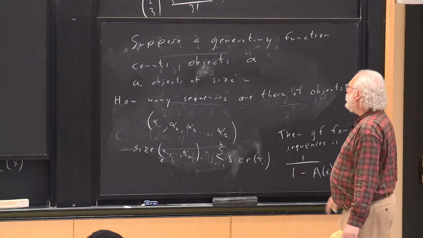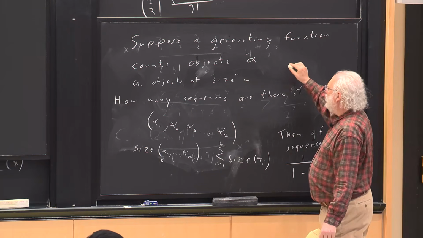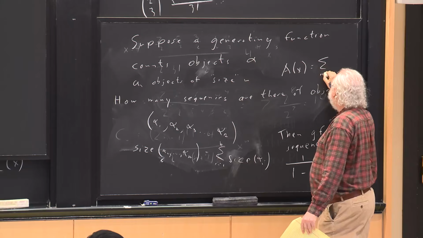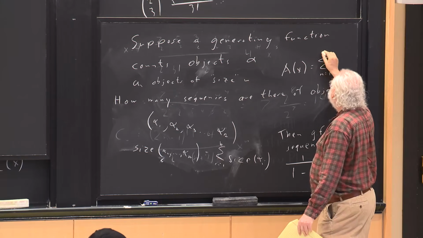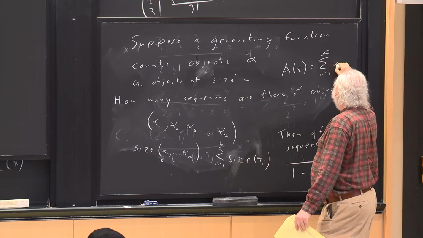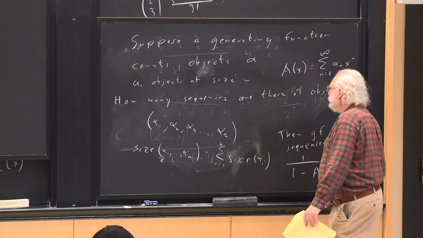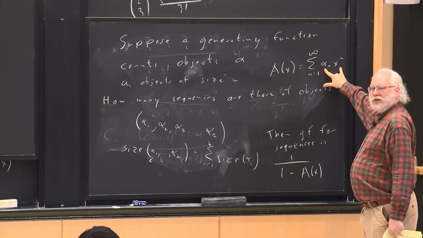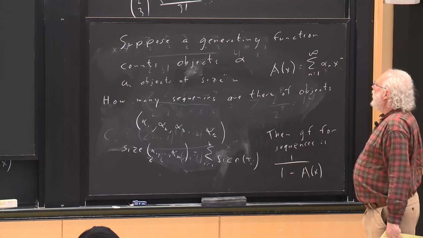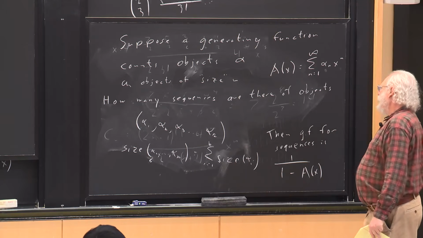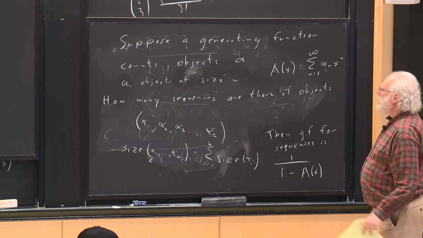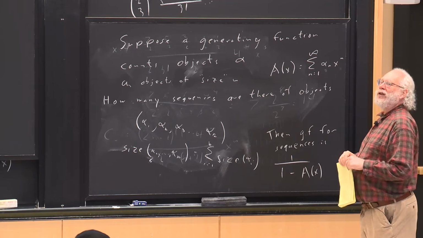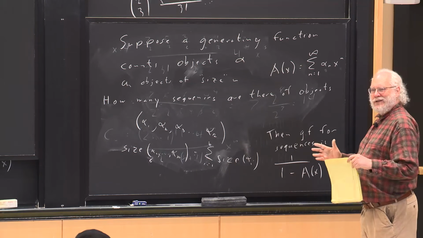And I should write down the generating function for the objects. A of x equals the sum n equals 1 to infinity of a sub n x to the n. Because you're really not allowed to have objects of size 0 in this theorem, because then there would be an infinite number of sequences of size k, which doesn't make sense.